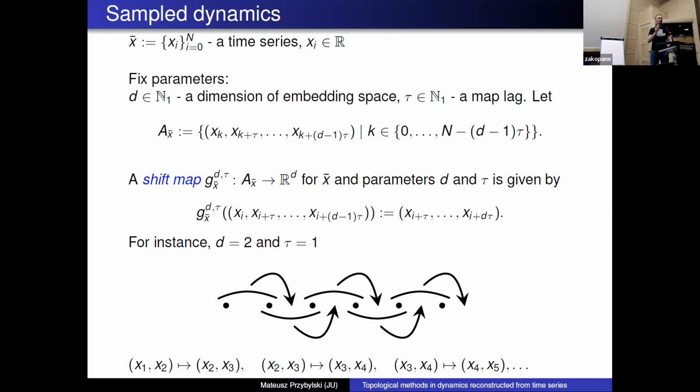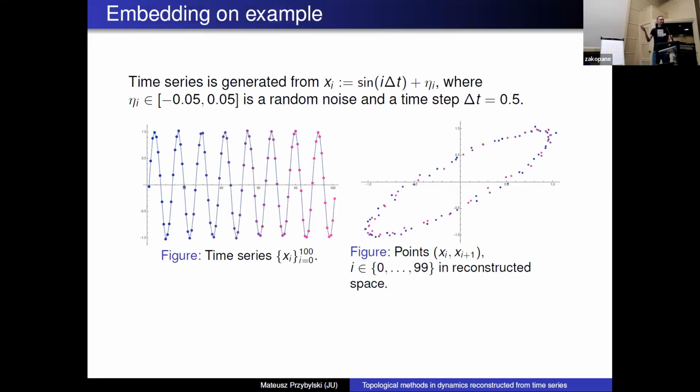Then we build the set of points. We take the consecutive elements from the time series, and the next consecutive elements, and so on. Then we build the shift map, which maps, as in this example on the figure, if we fix embedding dimension equal to 2, then we map 2 first elements to another 2, and so on. This is exactly the same example Niklas showed us today.